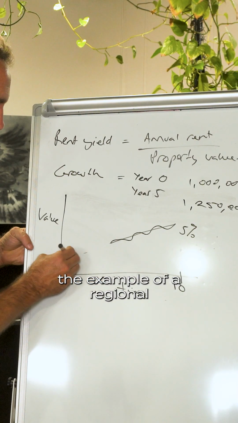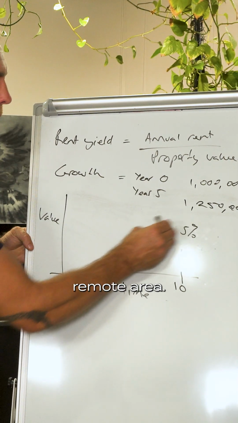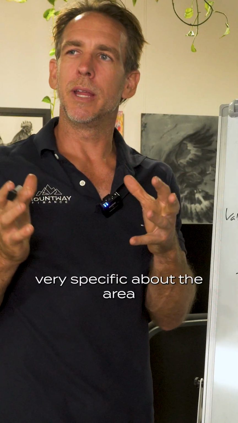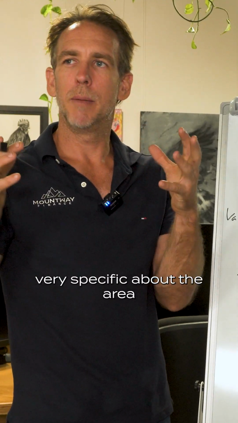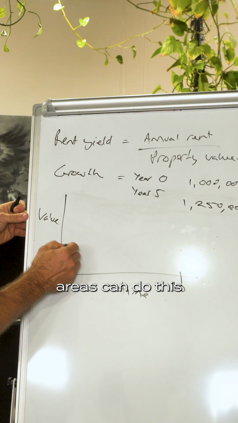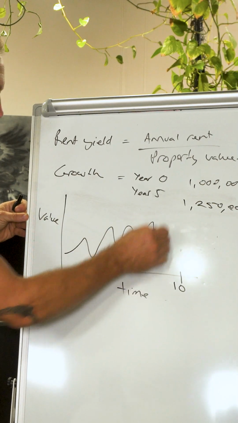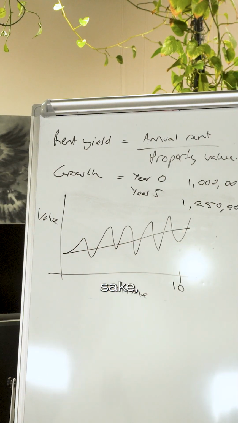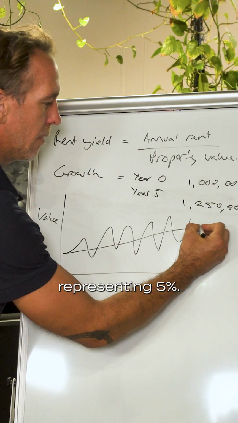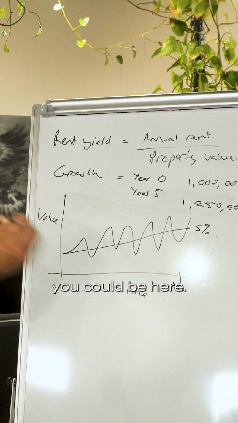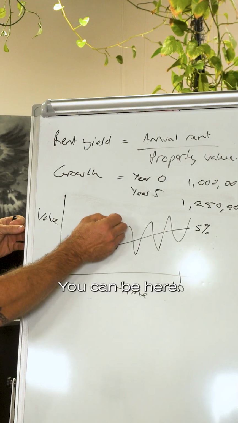Now let's consider the example of a regional or remote area. This is where you need to be very, very specific about the area you're looking at, because regional and remote areas could do this. Right? Now let's say that, just for argument's sake, is a trend line representing 5%. But at any point in time, you could be here, you could be here.